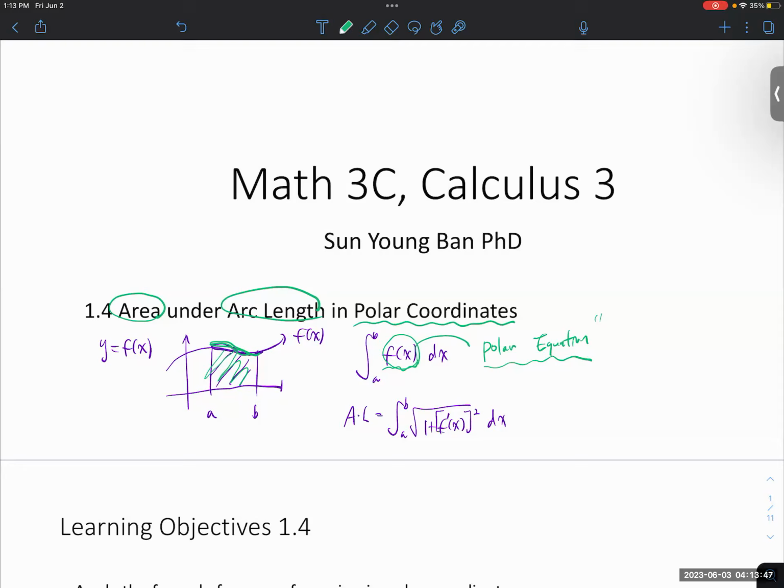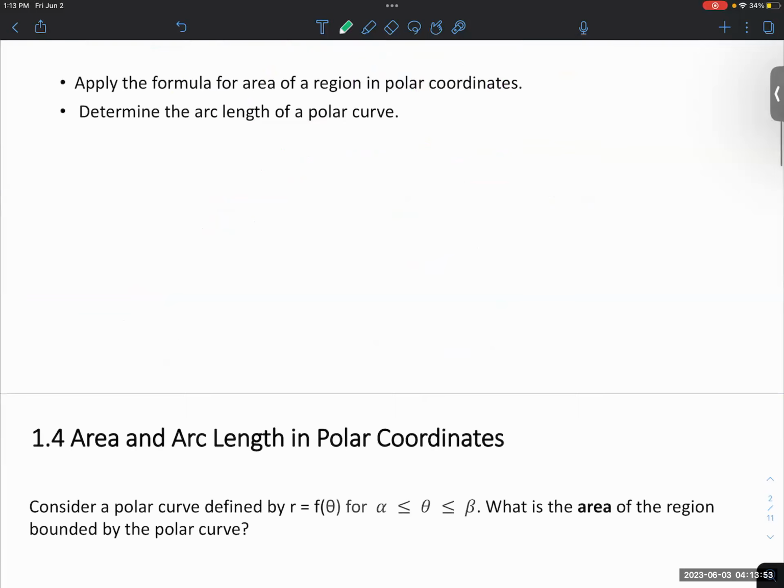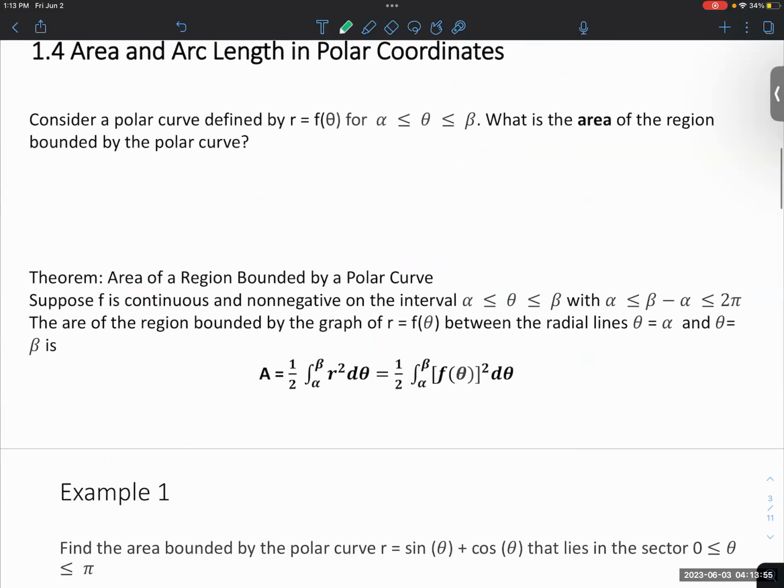Okay, so let's take a look at the more specific information. I'm going to go down slowly. So in general, we know how to find out the circle.